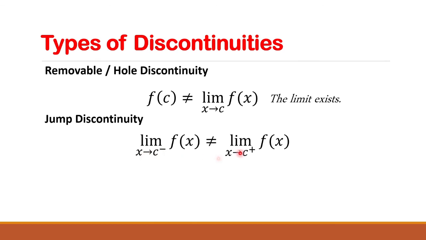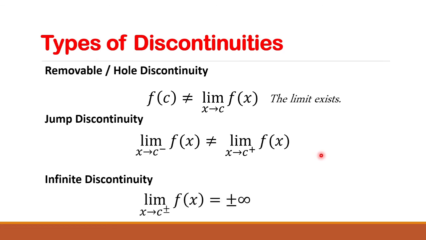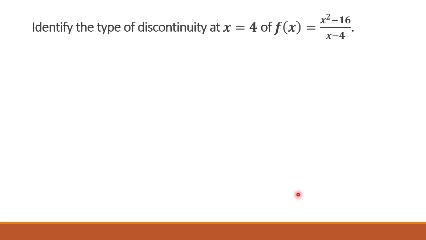In this case, the limit does not exist. For infinite discontinuity, either side of the limit of the function as x approaches c is infinite. Let us have some examples.